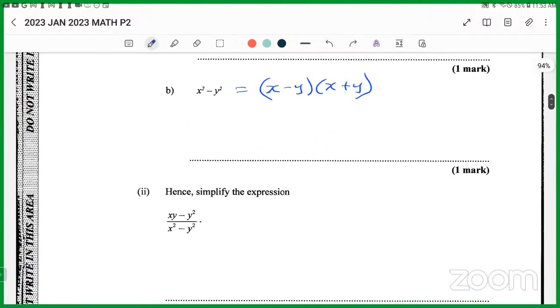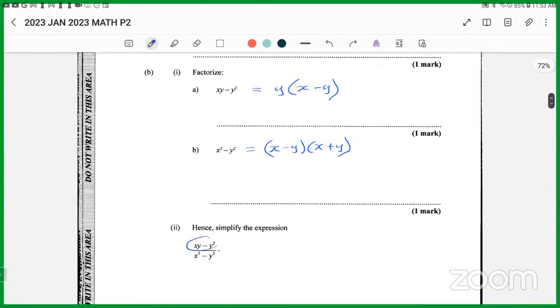And then, let's say, hence simplify this expression. You realize that this numerator is this one, which was factorized into that. Hence means you have to use these results.